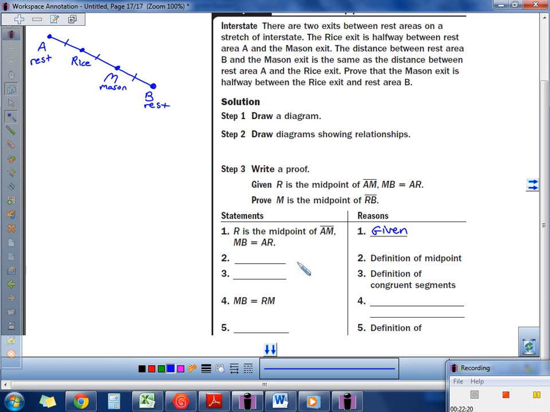Well, it says R is the midpoint of AM. What did that allow us to draw up here in the picture? Congruent marks. What pieces were congruent? AR and RM. AR is equal to RM.